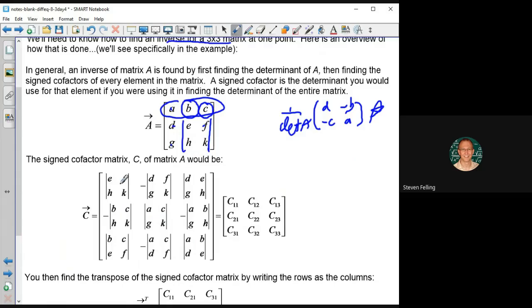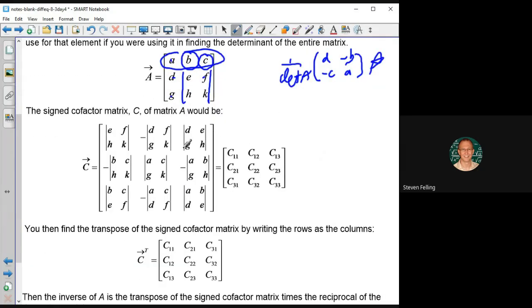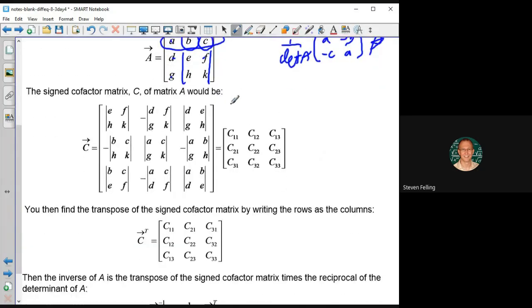If you were to write these determinants and compute them, maybe I could write this as C1,1, C2,1, C row 3, column 1, C row 1, column 2, and so on. Then you take this signed cofactor matrix of your coefficient matrix, and you find something called the transpose.